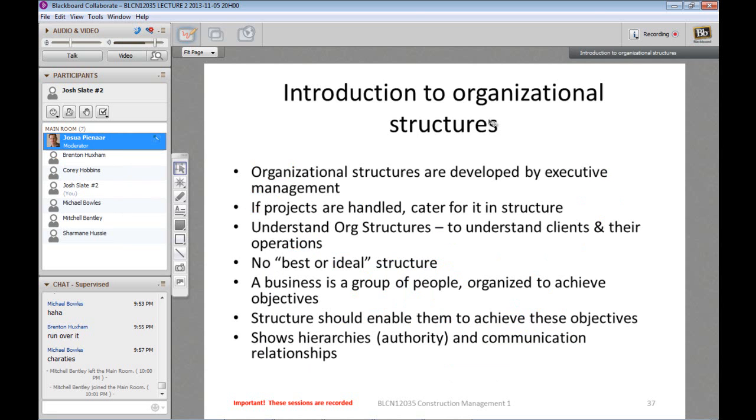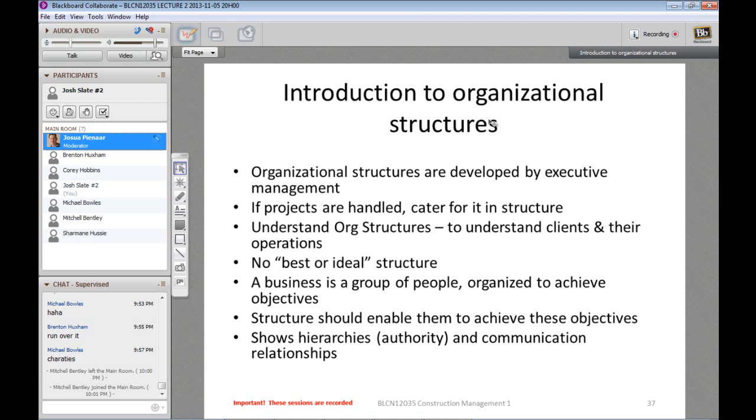All right, so let's move on into your organizational structures, and this is basically one part of the question that we have in question number 2. You guys have to report on what's the best one.